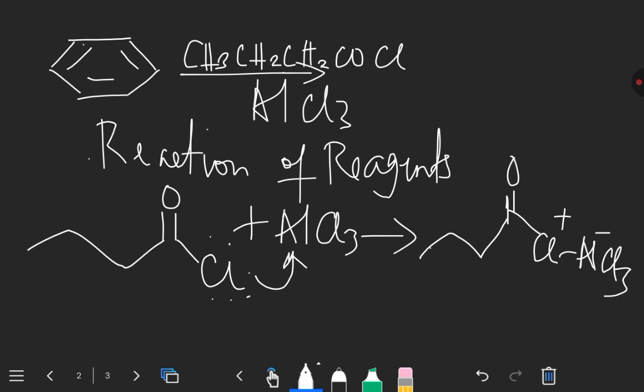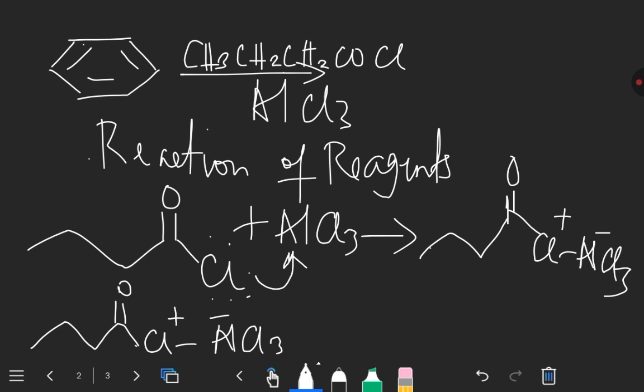Then the next thing, we can get that structure there, which has a positive charge, bonded to aluminium chloride, which has a negative charge like that.